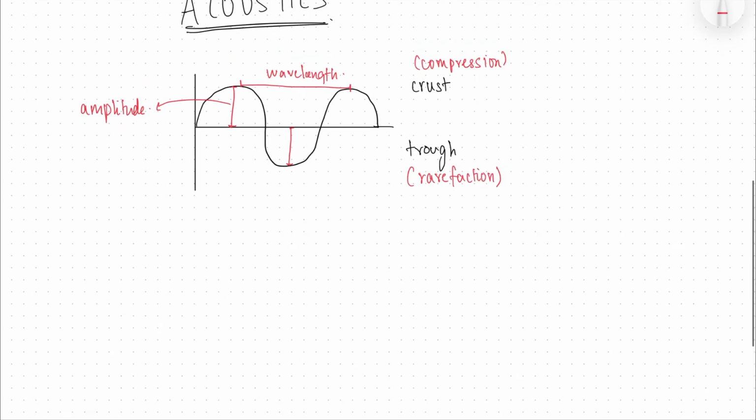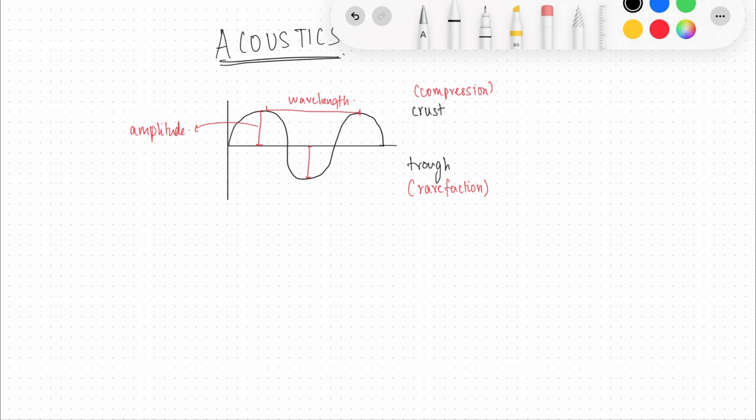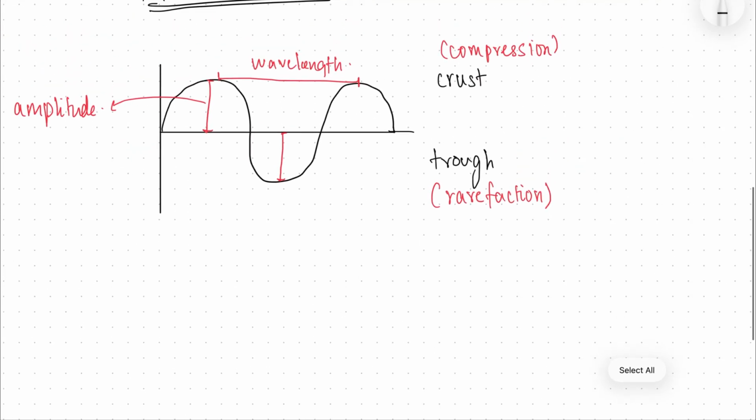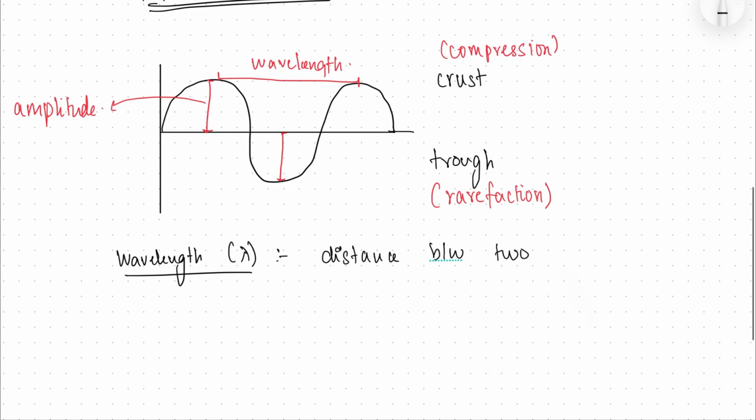Okay, so I'll write it down. Wavelength is represented as lambda. It is the distance between two consecutive troughs or crests.